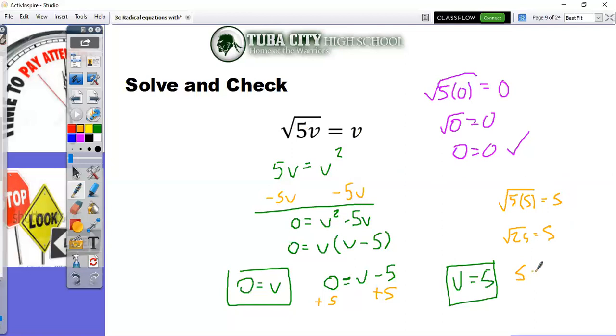So 5 equals 5, and this one works out. So in this case, they both work out. Now be careful, just because a lesson introduces something new doesn't mean everything's going to be that new idea, that new process. So in this case here, this one still works pretty well on both of them.